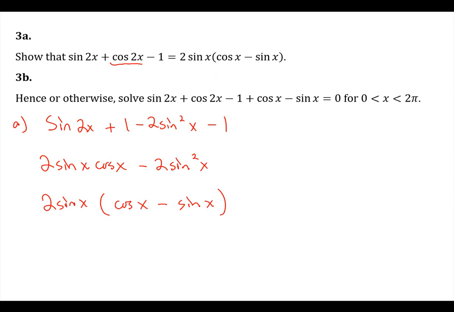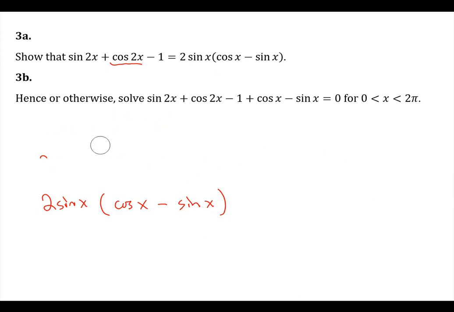Let's take a look at part B. So part B says, hence or otherwise solve. So we have sine 2x plus cosine 2x minus 1, plus this cosine x minus sine x, is equal to 0.